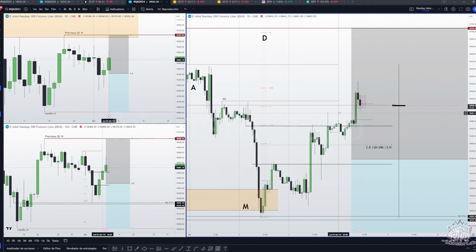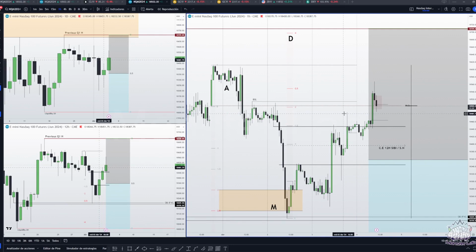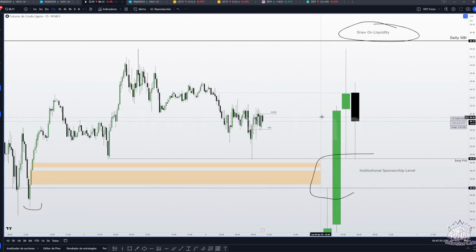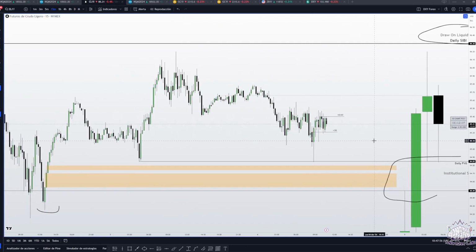Yeah, no. You are looking for one expansion move, fast moves. It's problematic when you take trades in accumulation or consolidation conditions. This is problematic for your capital and mental capital. Look, the crude oil here.